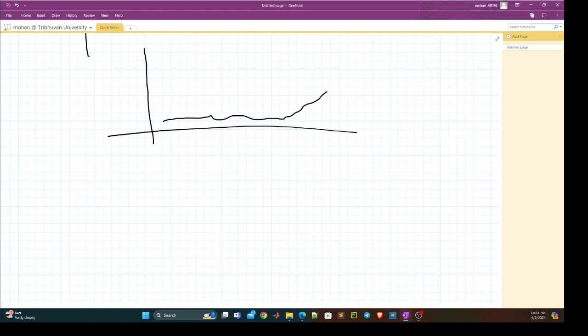The trend in analytics is increasing, right? And as you can see, the trend in Google is increasing.